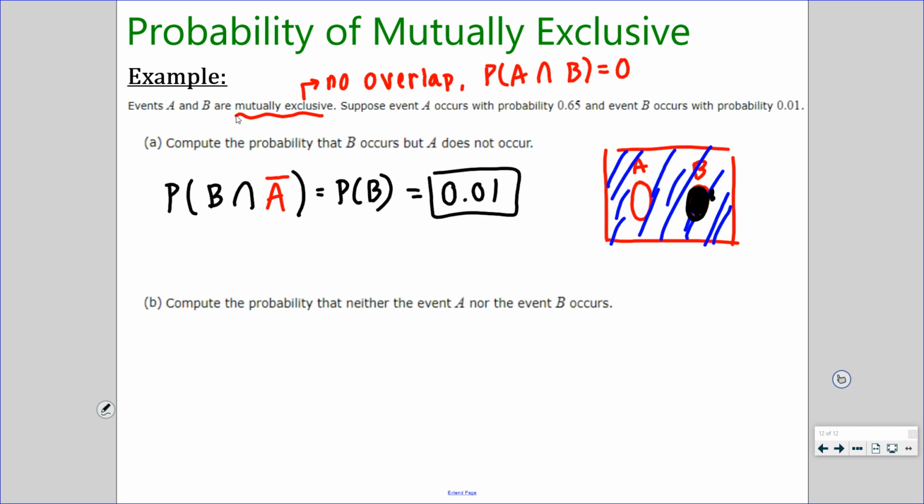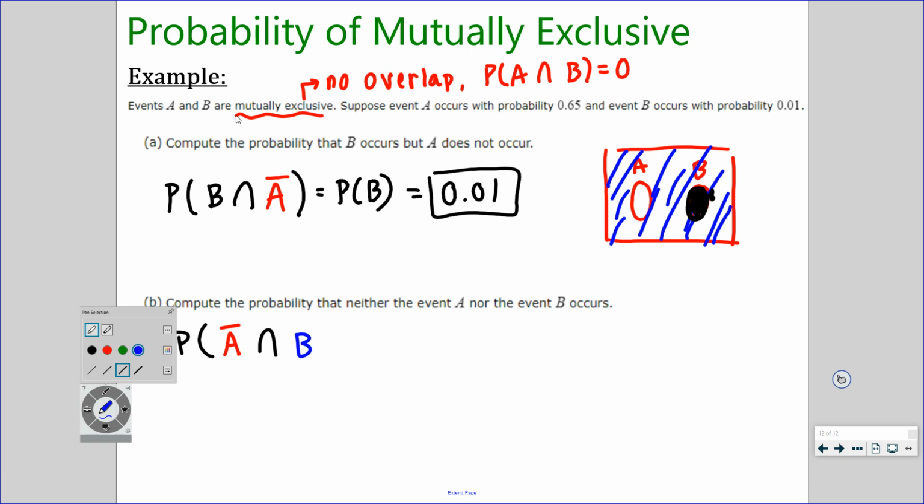Okay, last one. Compute the probability that neither the event A nor the event B occur. So not A and not B. Oh wait, this should be or. Sorry, or.